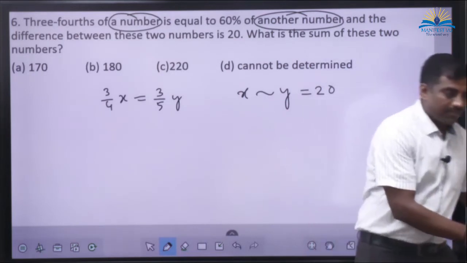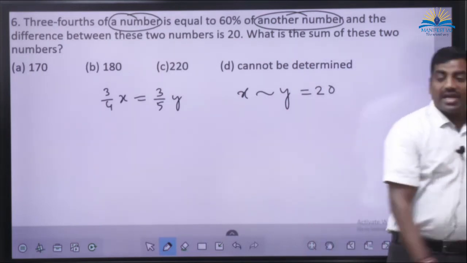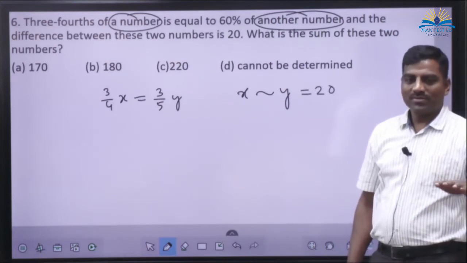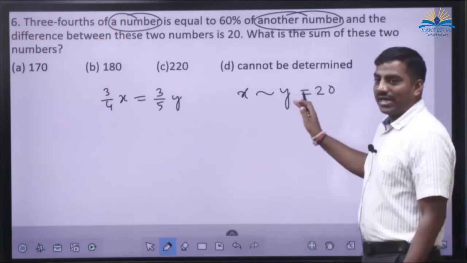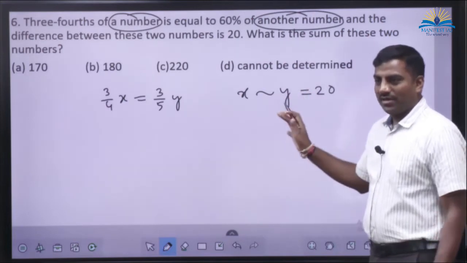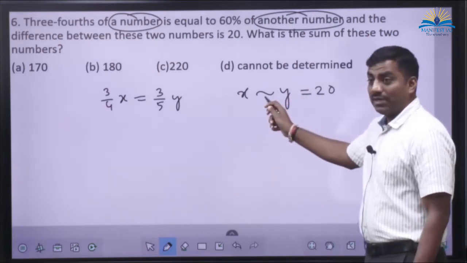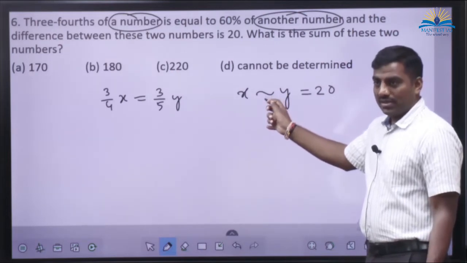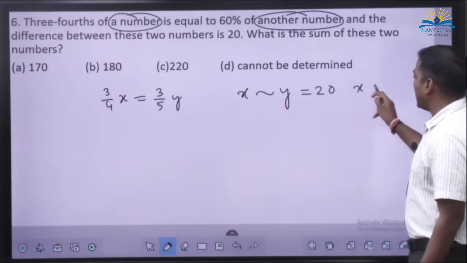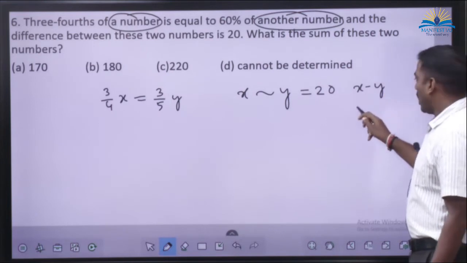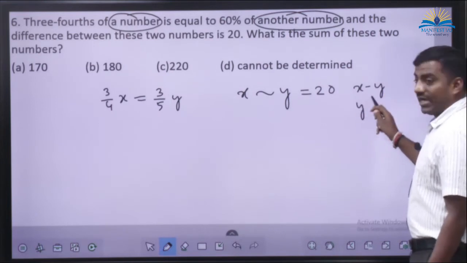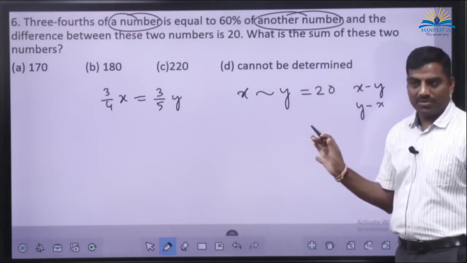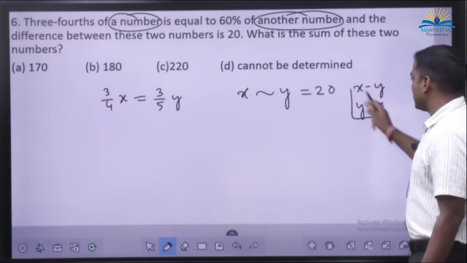We don't know whether x or y is the greater number. If you tell it like this, it will be assuming an unnecessary thing. This can be x minus y is equal to 10, or x minus y is equal to 20, or y minus x is equal to 20. Anything can happen. So we have to be open for this.